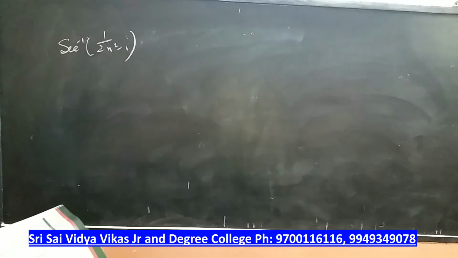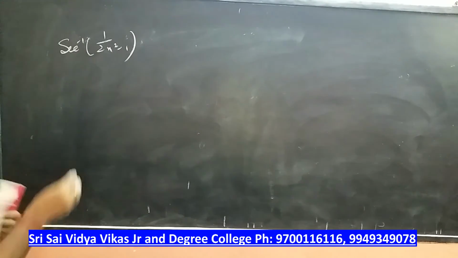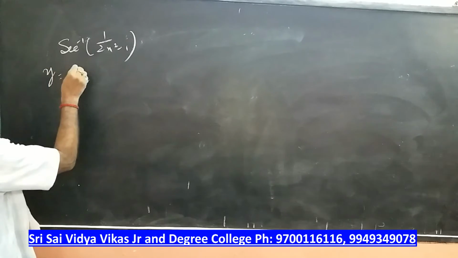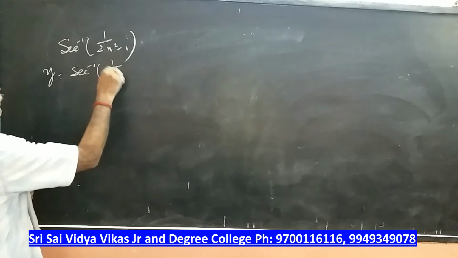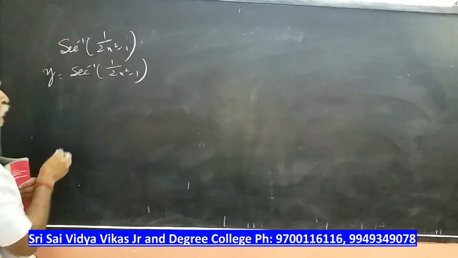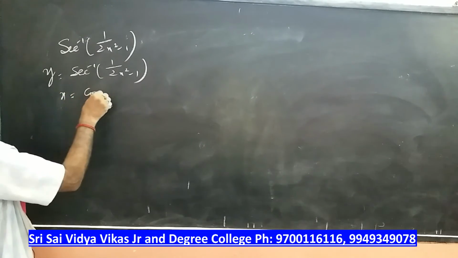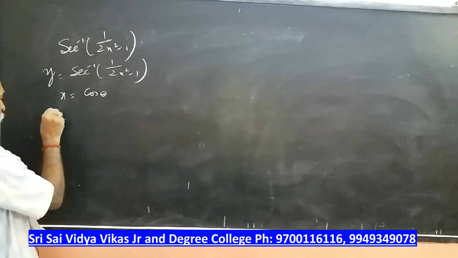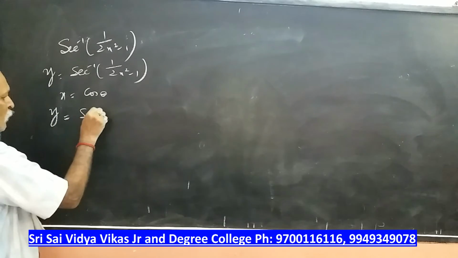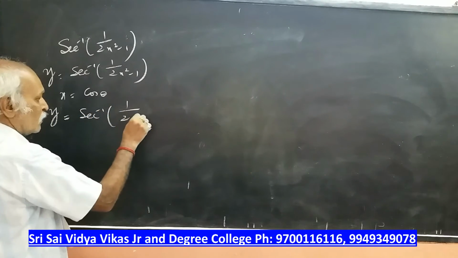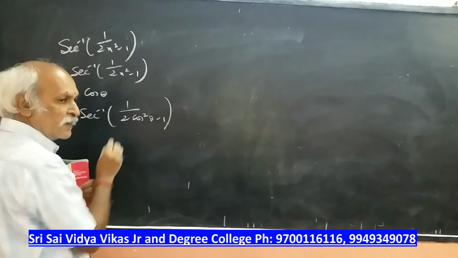What is that? Secant inverse of 2x square minus 1. Now, let x is equal to cos theta. So, what will happen? y is equal to secant inverse of 1 by 2 cos square theta minus 1.